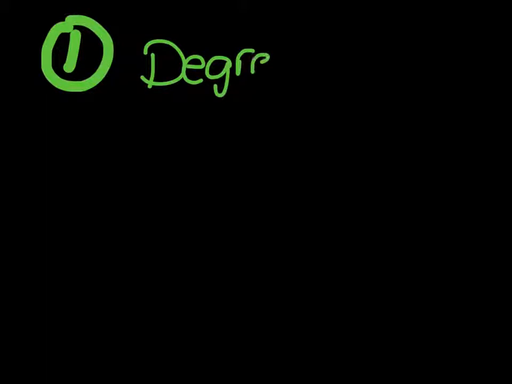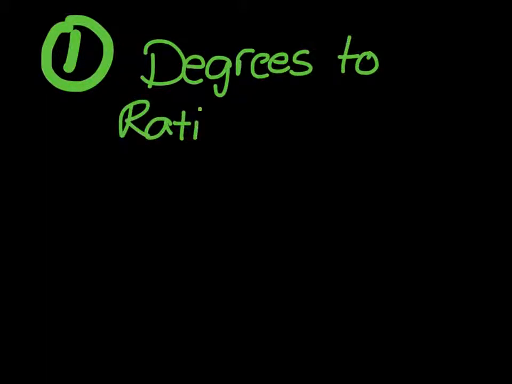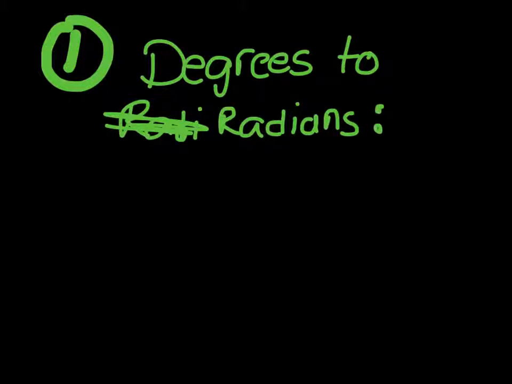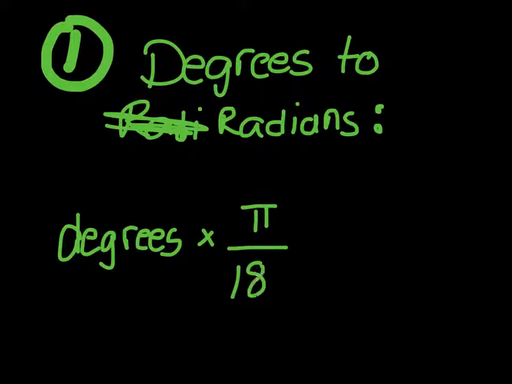Rule number 1: to go from degrees to radians, you want to do the value of degrees you have times pi over 180. When you do this, you get a value in radians.